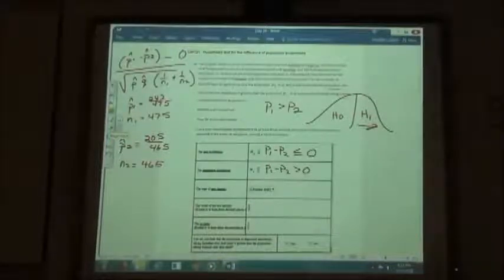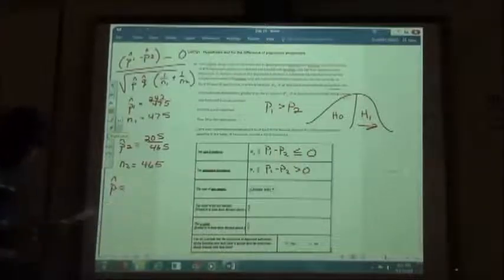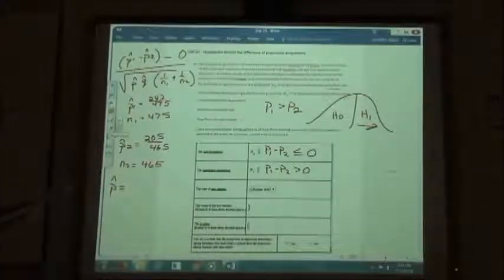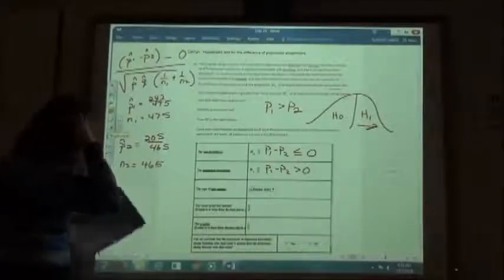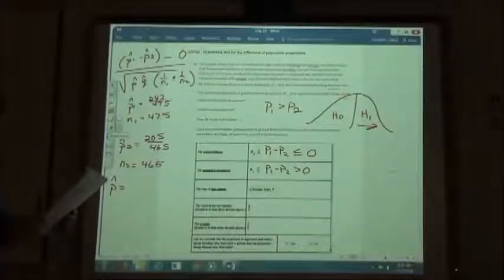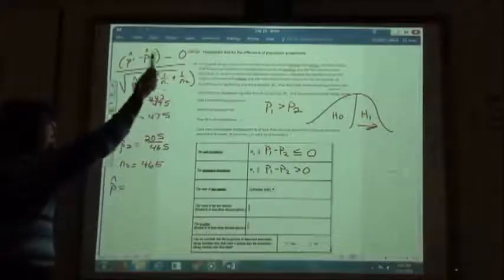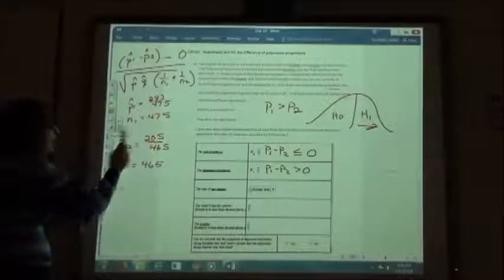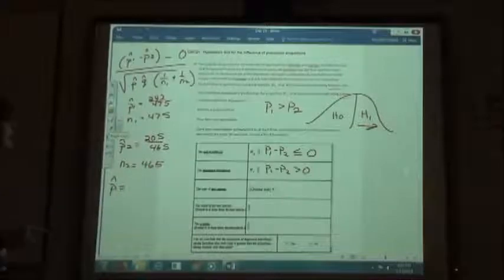So, in order to find the plain P hat, we are going to take the numerators from each of these fractions and add them together, and then the denominators from each of those fractions and add them together.